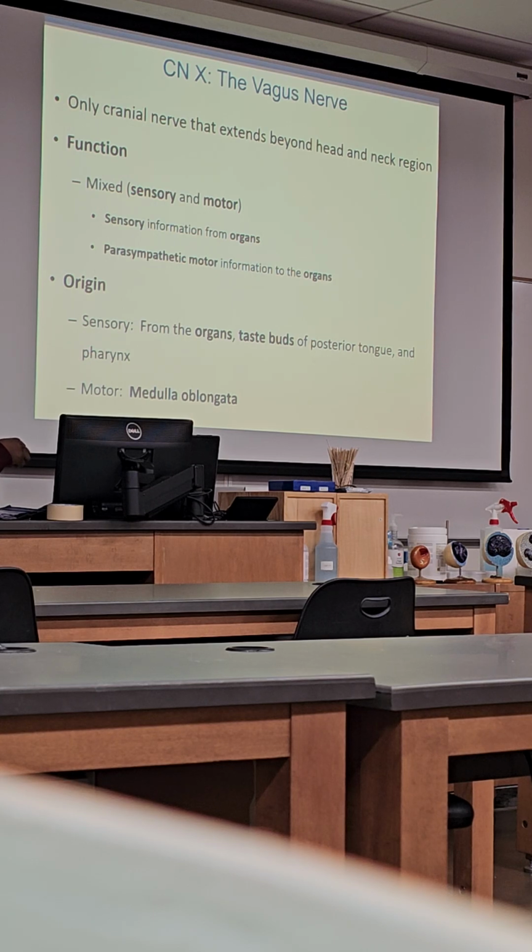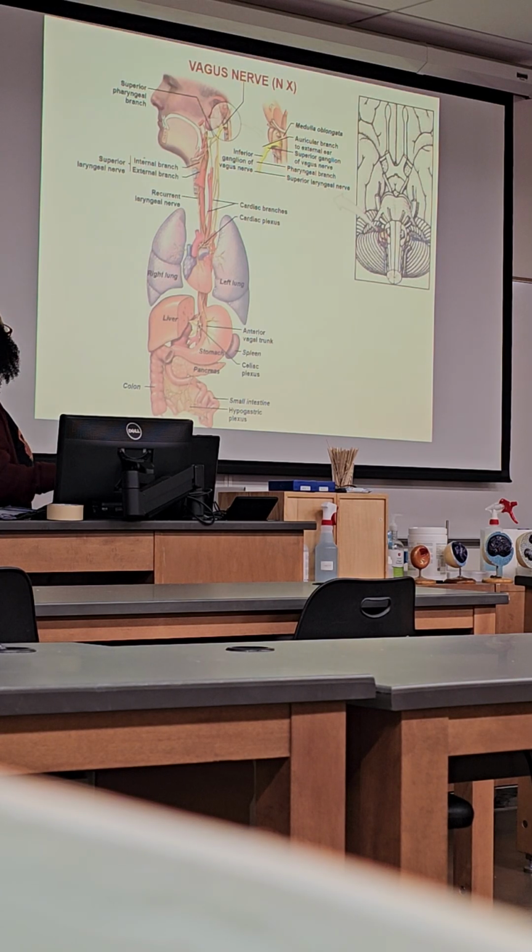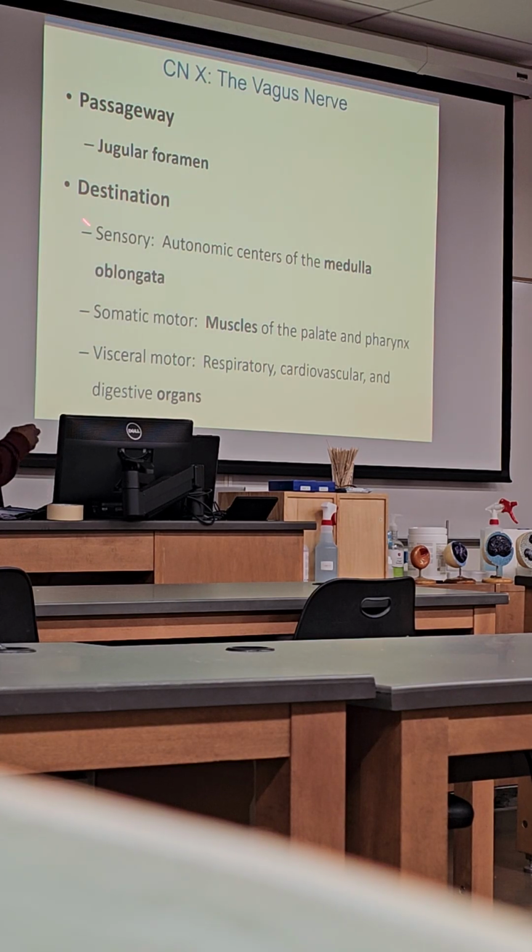And then the sensory commands come in, and the motor commands are headed out from cell bodies at the medulla. The passageway is the jugular foramen, with sensory coming into the medulla and motor commands on those fibers headed out to the muscles along the pharynx and our palate, and to our organs: respiration, the cardiovascular system, our digestive tract.